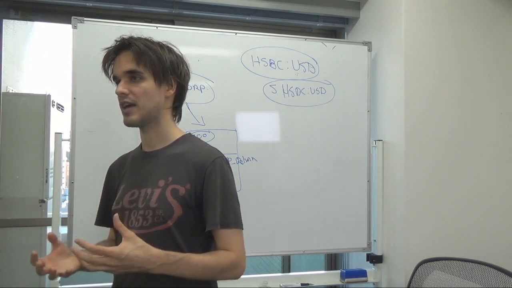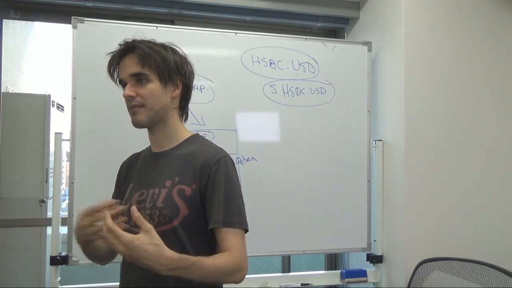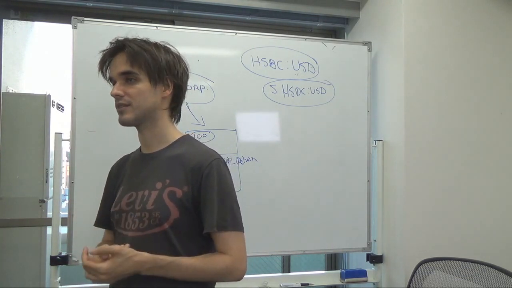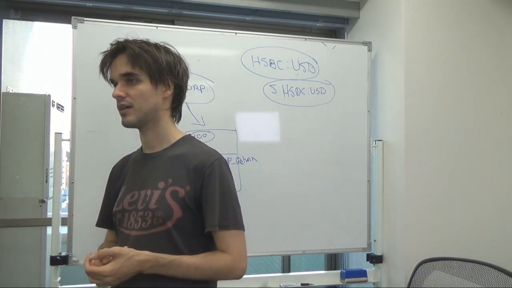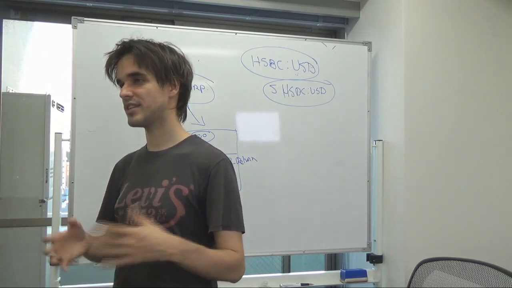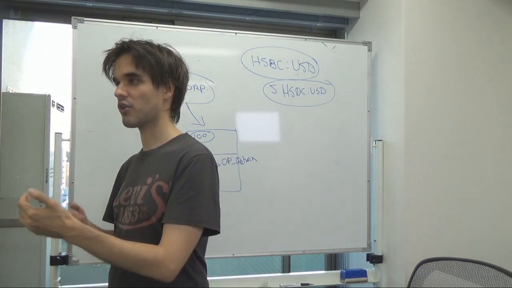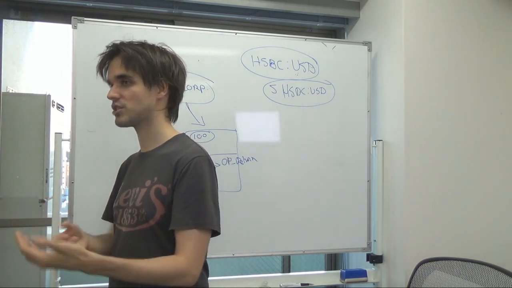Sidechain and CorrectCoin are not for the same purpose. A sidechain is to create a new cryptocurrency. CorrectCoin is not a new cryptocurrency, it's just Bitcoin.